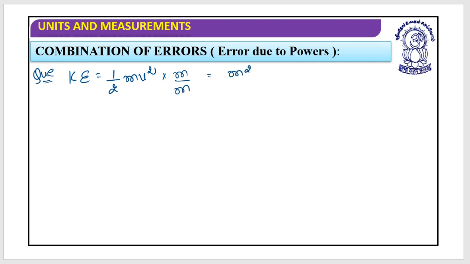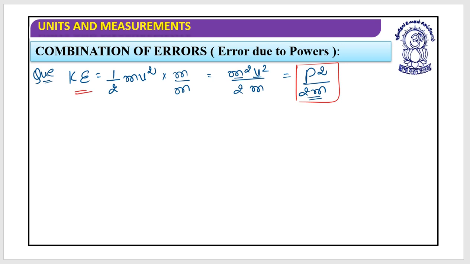So this is m square v square divided by 2m. What is m into v? Think. It's momentum, yes. So this is p square by 2m. You should remember that kinetic energy can be written as p square by 2m.